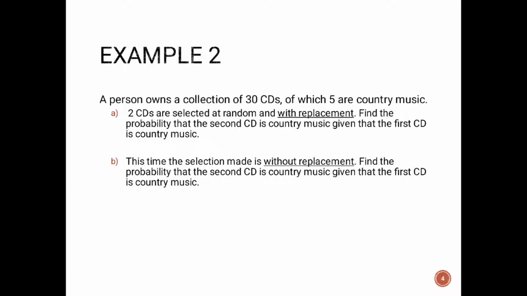Now example 2 is about a person who owns a collection of 30 CDs, of which 5 are country music. That means the remaining 25 CDs are non-country music.